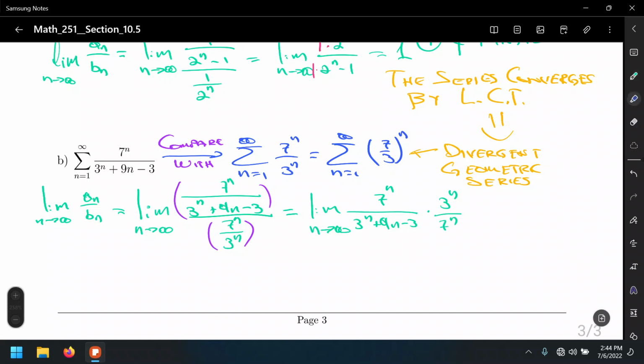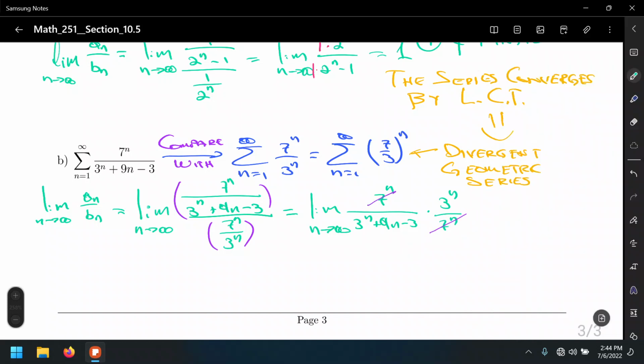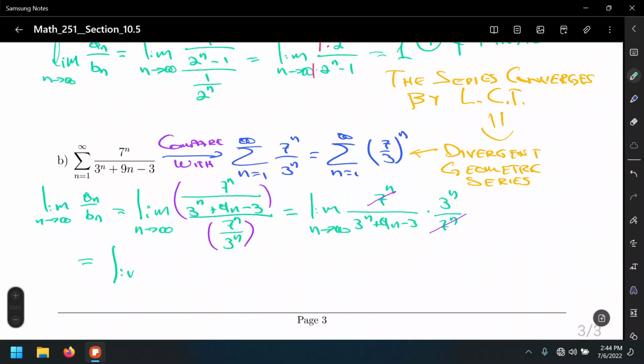The good thing here is these 7 to the n's get cancelled. And we're going to get a limit very similar to the previous one. The limit as n approaches infinity of 3 to the n over 3 to the n plus 9n minus 3. With 3 to the n in the numerator and 3 to the n in the denominator, it's very similar to the previous limit.